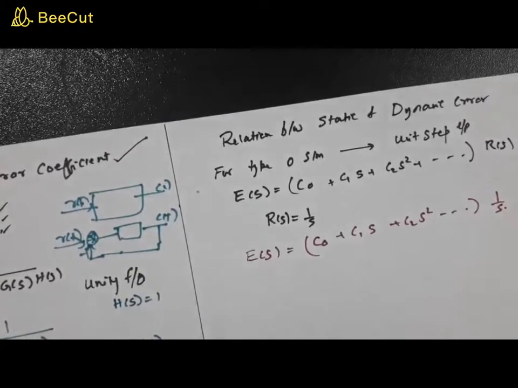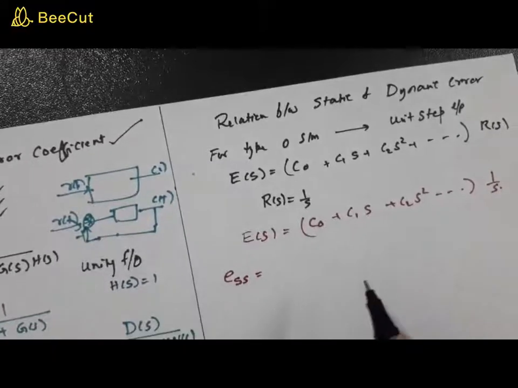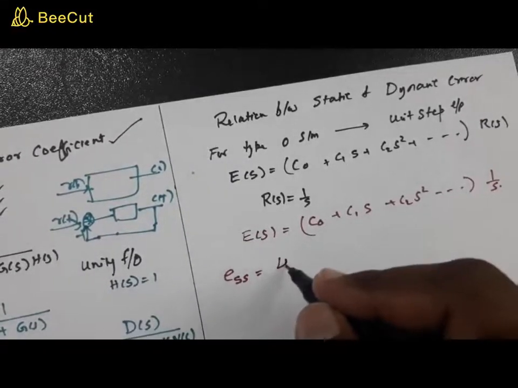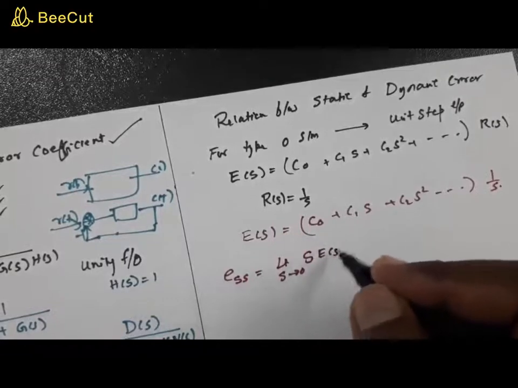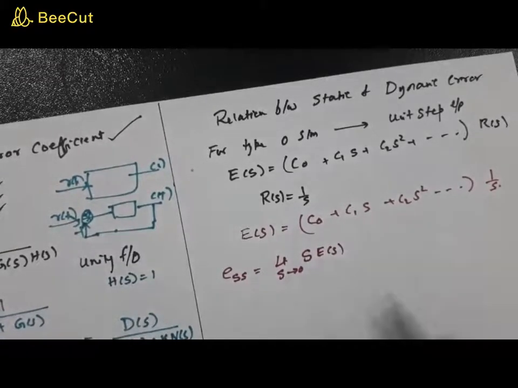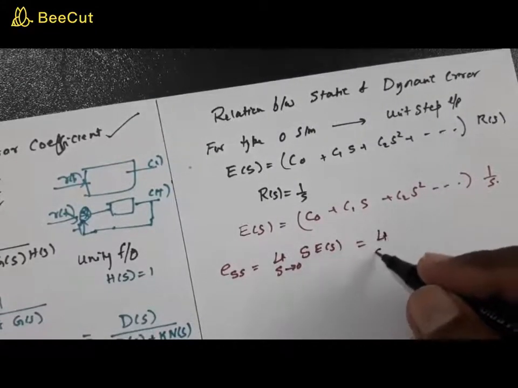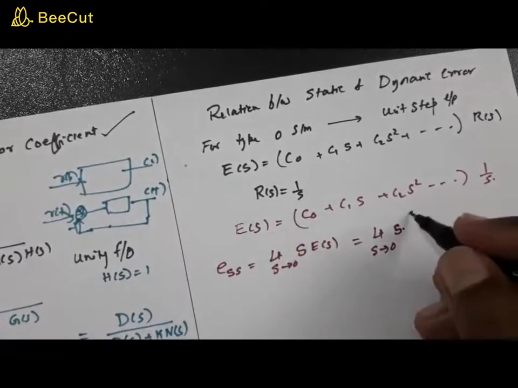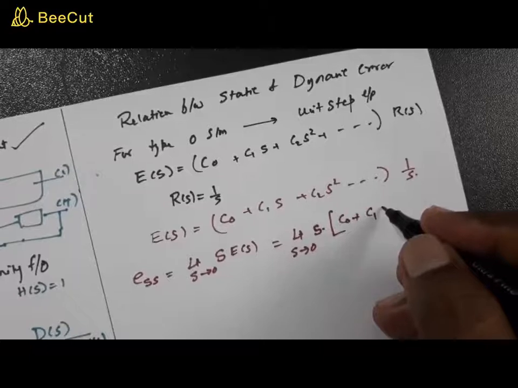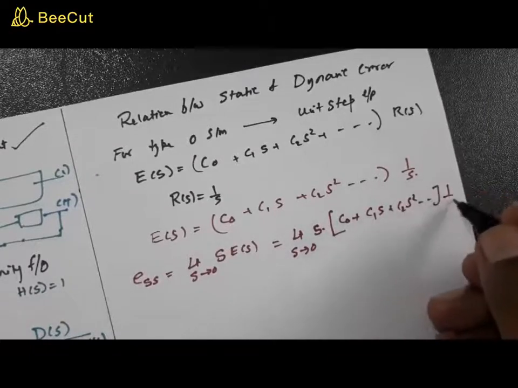Now, we have already derived the steady state error ESS as limit s tends to 0 of s into E of s. When you substitute this, you will get limit s tends to 0 of s into C0 plus C1 s plus C2 s square, etcetera, into 1 by s.